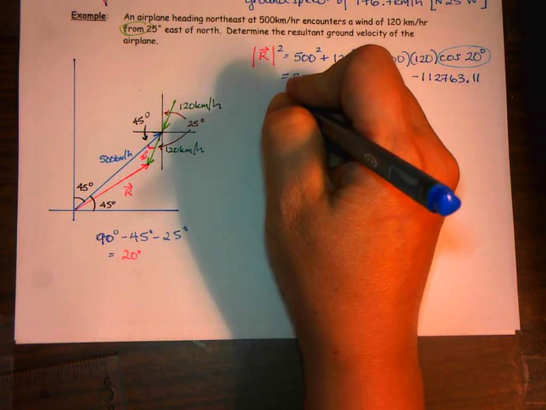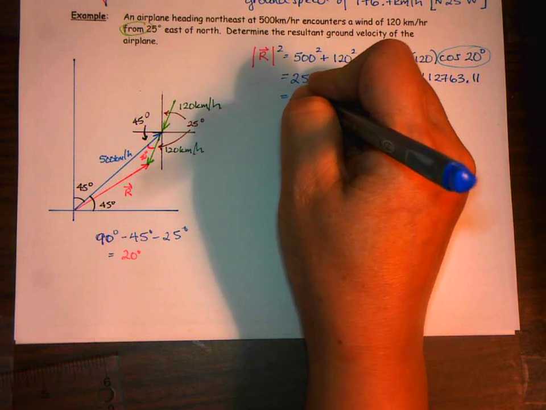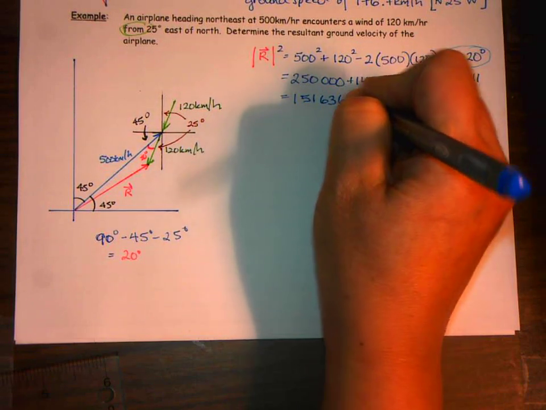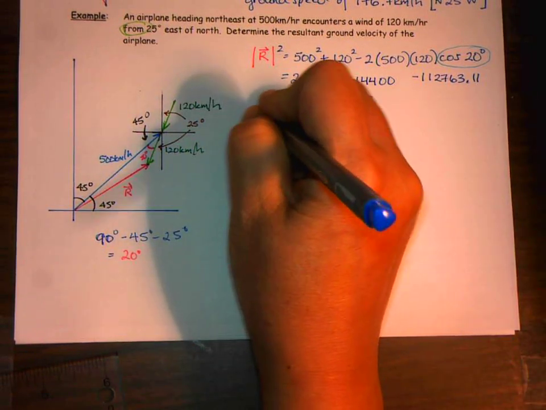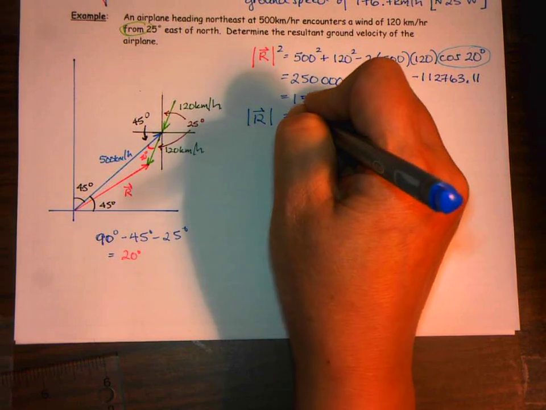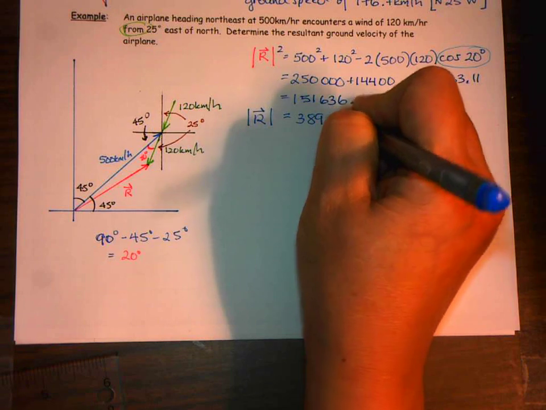So when I combine all this together, I'm going to get 151,636.89. So the magnitude of r comes out to be equal to 389.41.